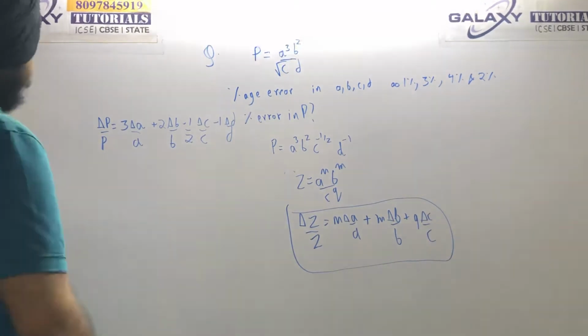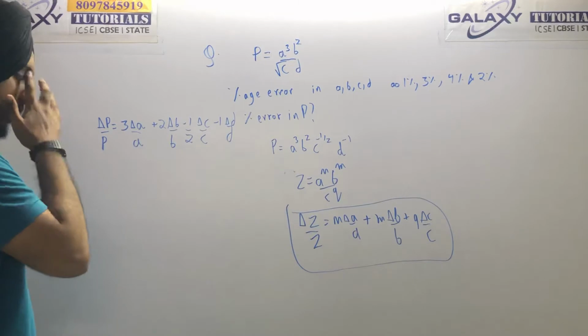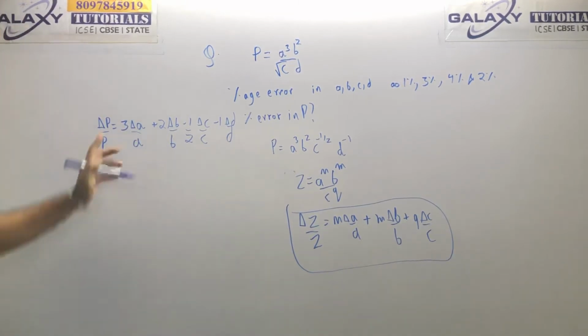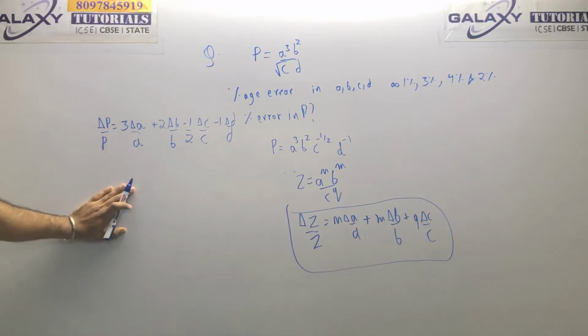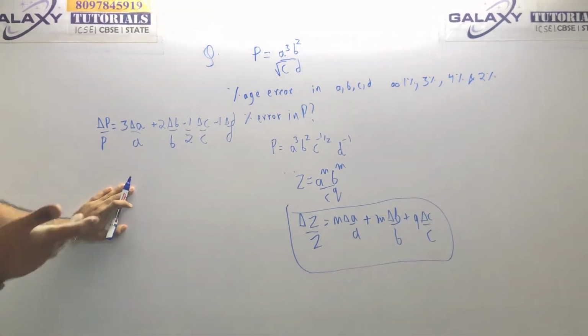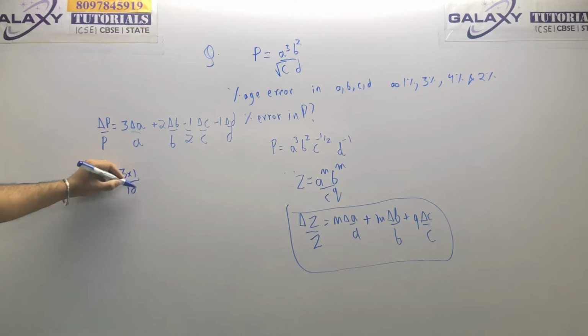Now just substitute the values. Now you know the percentage error in all of them, so relative error you can find out. What will be the relative error? This delta A upon A is the relative error. Relative error is equal to percentage error upon 100. So 3 into 1 by 100.